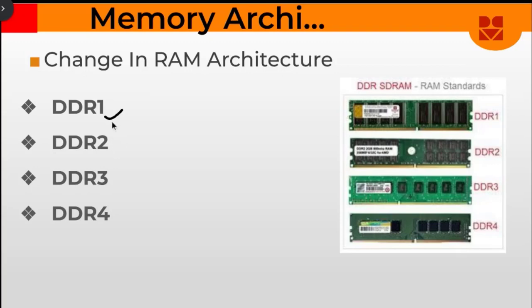First they moved from DDR1 to DDR2, which improved the speed, and then DDR3 did the same, and currently DDR4. So they keep increasing the transfer rate, the speed of data transfer between the RAM and the processor. So basically that's the view of the RAM architecture.